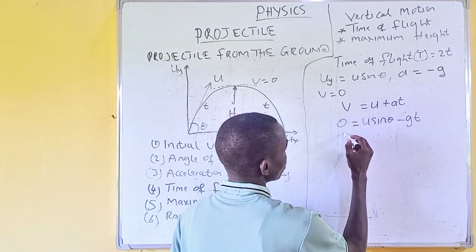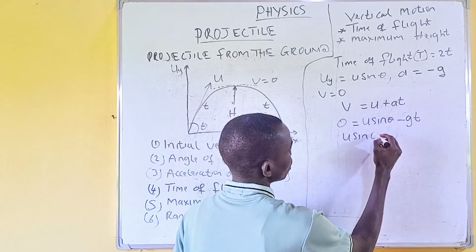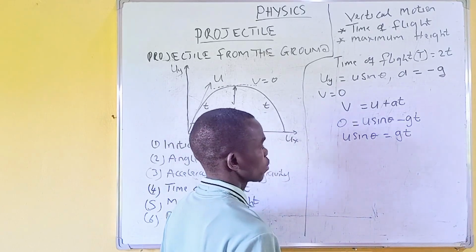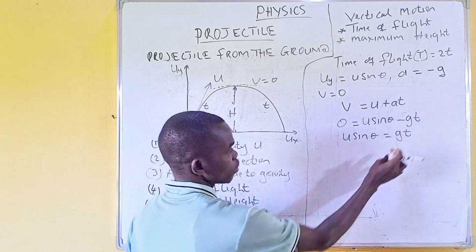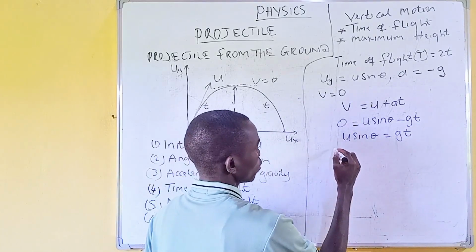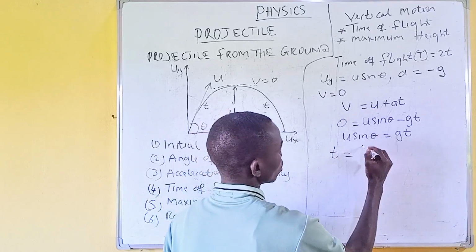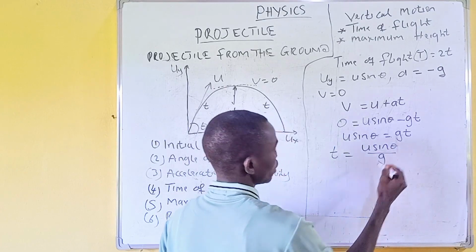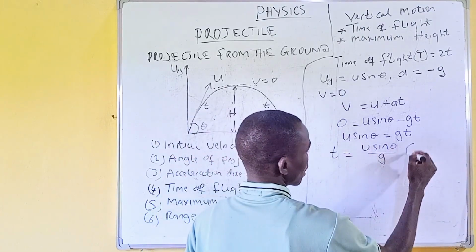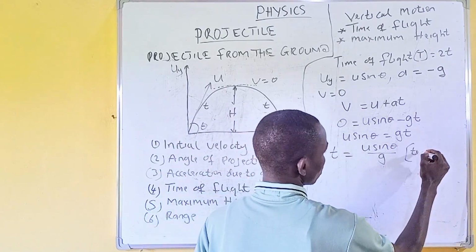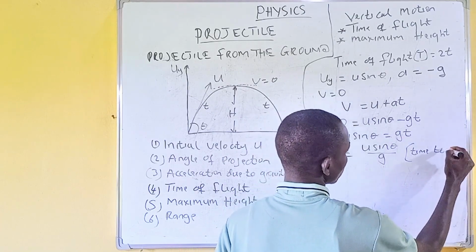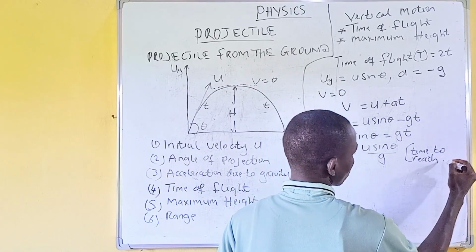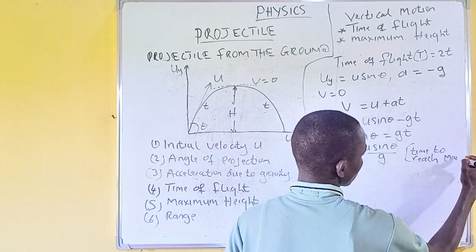So u sine theta is equal to g times the time to reach the maximum height. If you make t the subject of the formula, you now have t equals u sine theta divided by g. This is our time to reach maximum height.